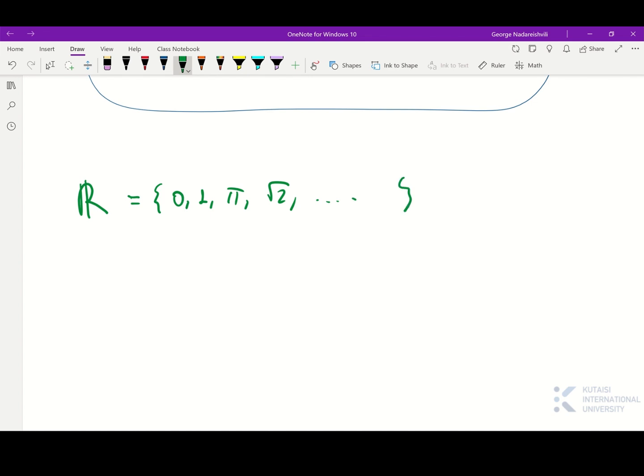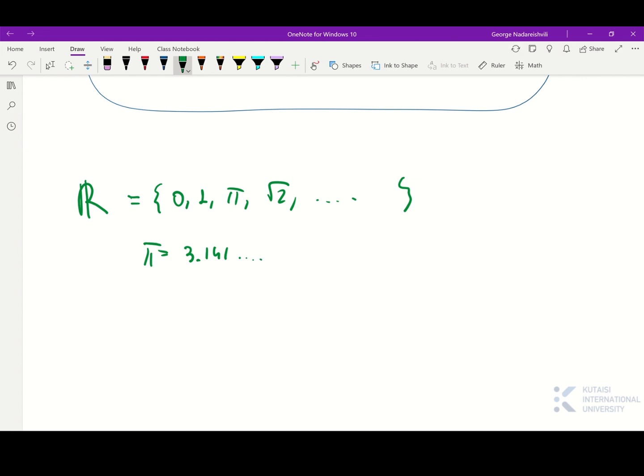But I'm telling you that all the numbers that you know of, or even all the numbers that you can think of, or all the numbers that humankind can ever write down any procedure to calculate, they are just of size 0 in the real numbers. So what I mean by this is, let's say your pi, right?